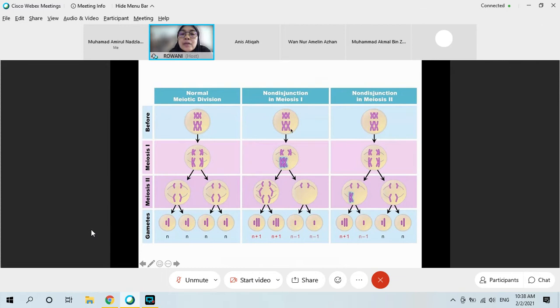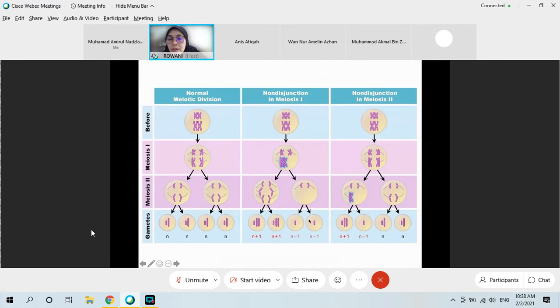But non-disjunction means an error in the separation of your chromosomes. It can occur in meiosis 1 or meiosis 2. If the error occurs in meiosis 1, you can have daughter cells which are trisomy or monosomy, like this case.